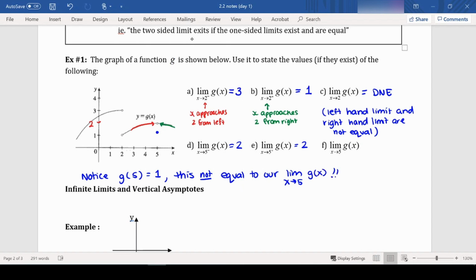So we're not looking for the actual value of y. We're looking for as x approaches 5, what y values does our function approach as well. Okay. So we actually have a value for y at 5, but that's not what we're concerned about. We're concerned about as x approaches 5, what y values are we approaching, not when x is equal to 5. Okay. So our overall limit here, left and right hand limits are equal. Therefore, our overall limit is 2.